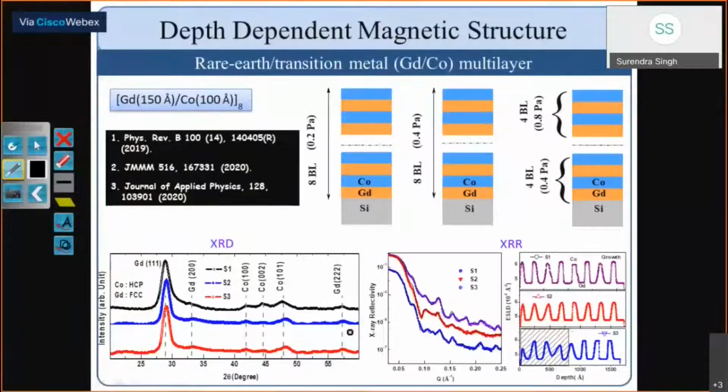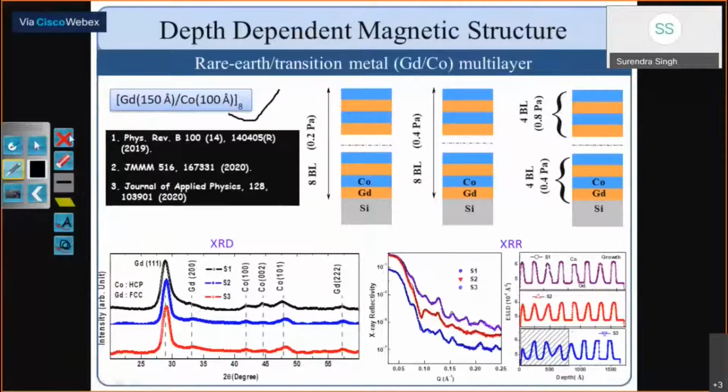All this study has been reported in this. Typically we assume Gd is 150 angstrom, cobalt 100 angstrom, and 8 bilayers of this. This was our sample, and 3 samples were made like this. Though X-ray reflectivity states Gd is 135 angstrom and cobalt is around 75 angstrom.